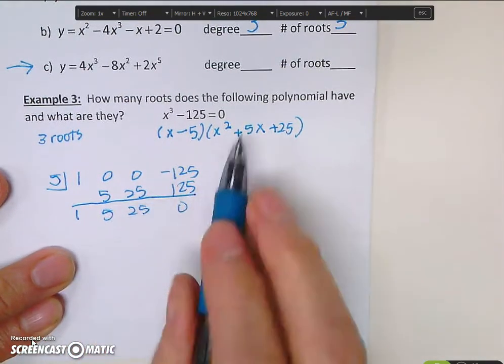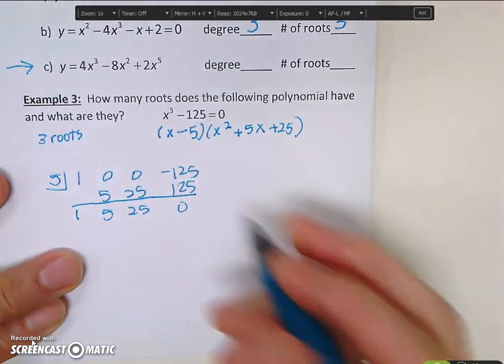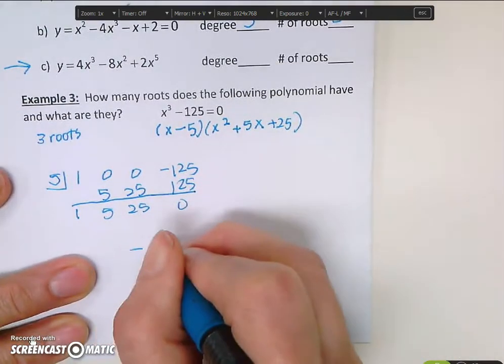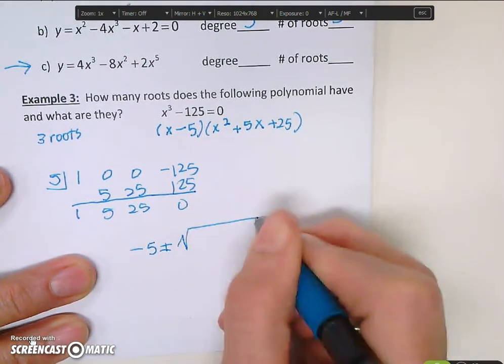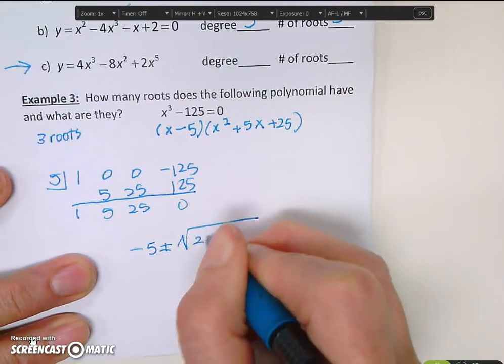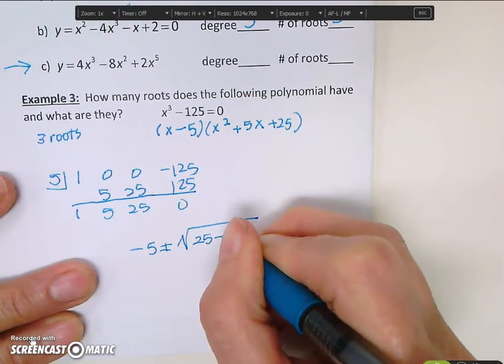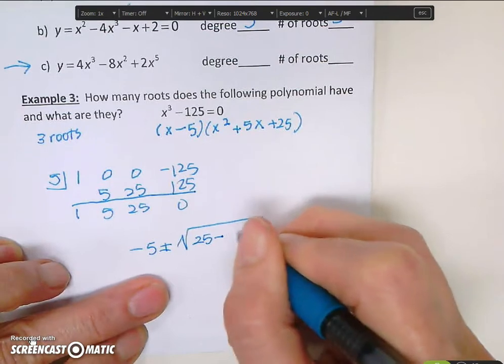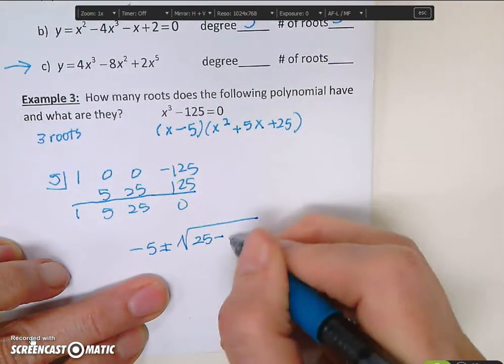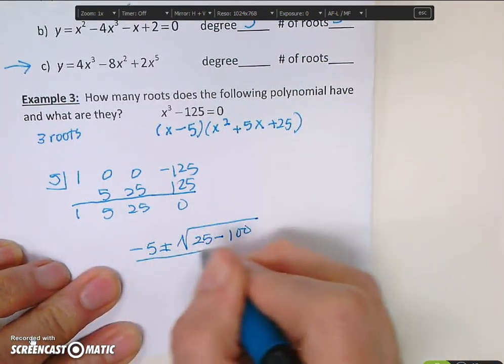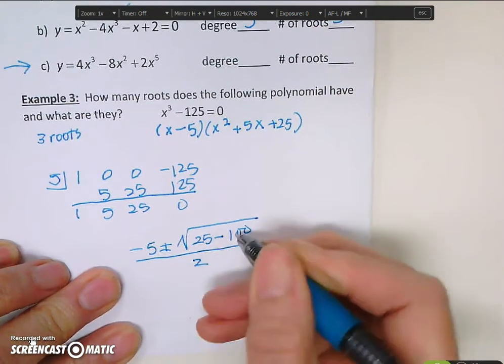To find my other 2 roots now, I'm going to have to use the quadratic formula and do negative b plus or minus the square root of b squared. So 25 minus 4 times a times c. So 4 times 1 times 25 is 100, divided by 2.